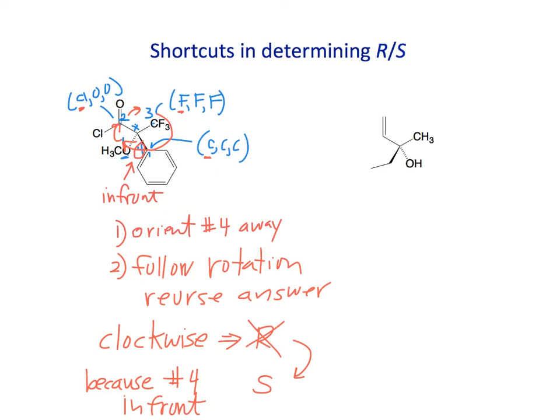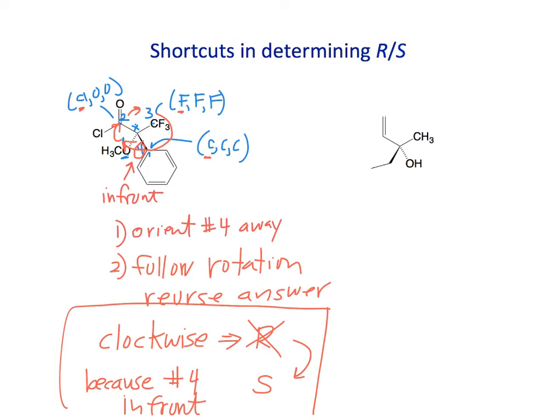All right, so this is our shortcut. If the number 4, the lowest priority substituent, is pointing towards us, we can go ahead and do the rotation and simply reverse the answer. But if we do that on an exam, for example, we need to explain what we're doing.